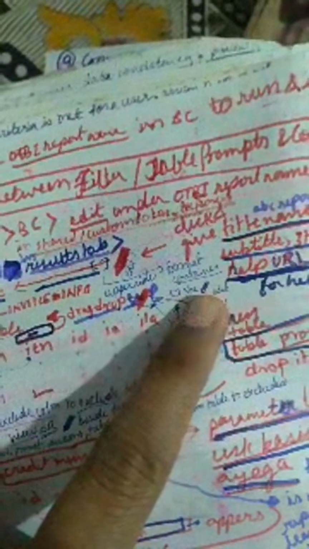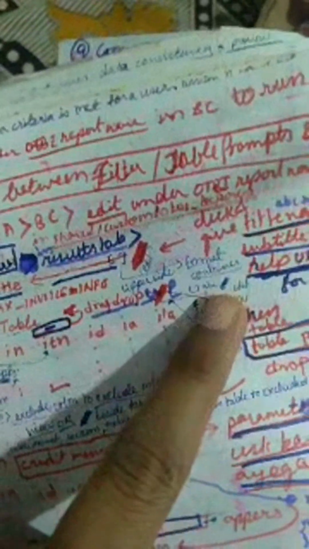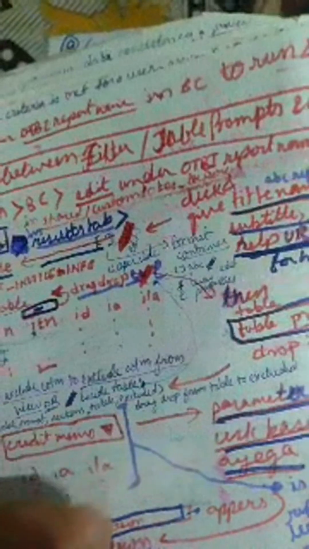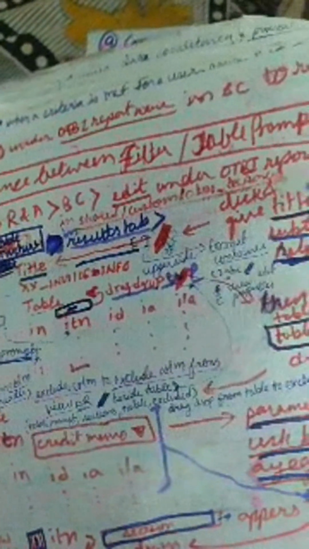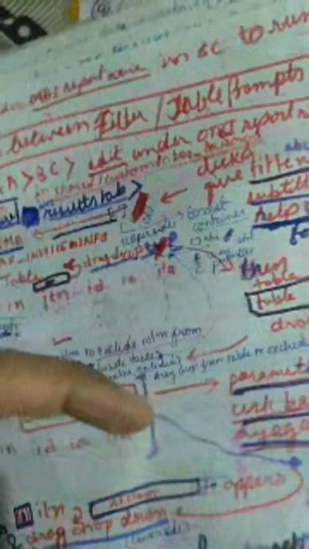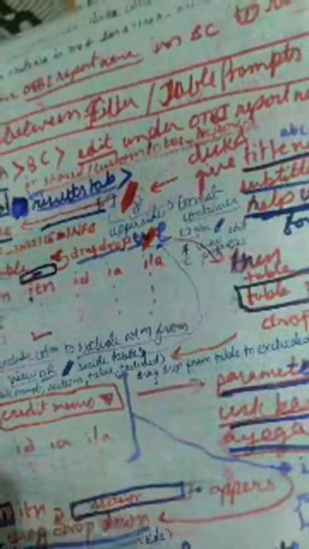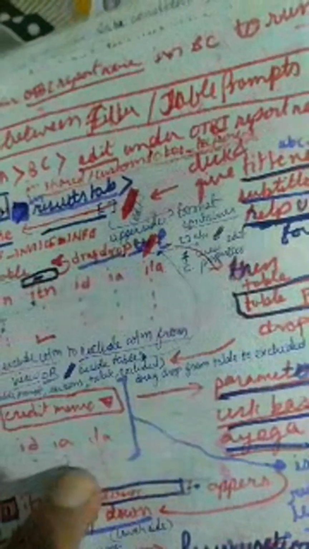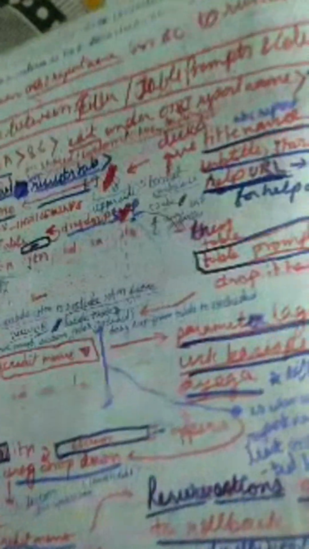We can click on edit, and there are four sections that appear. First one is the table structure. Second one is the table prompt section. Prompt is nothing but we can check it as parameters. A parameter is set. Then we have the excluded column section, and the fourth one is called section. Section is nothing but the output that comes.